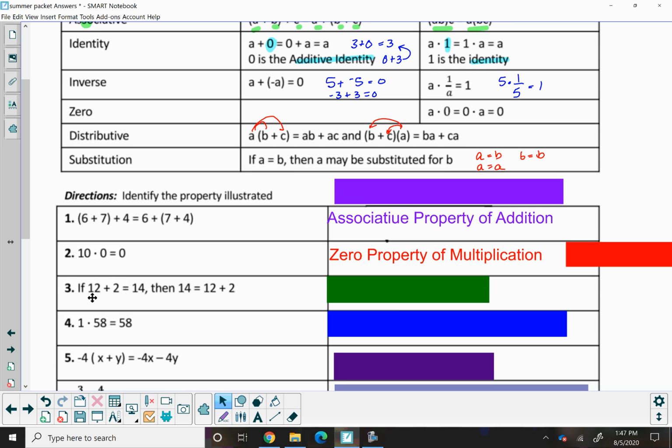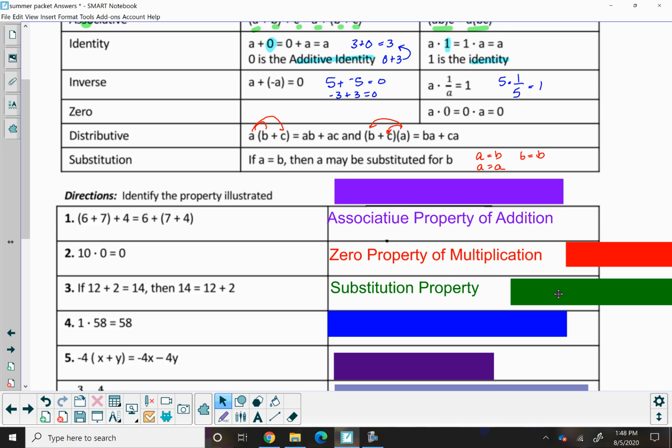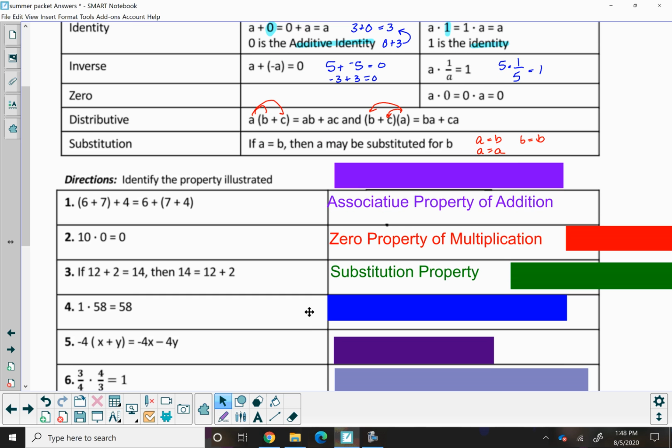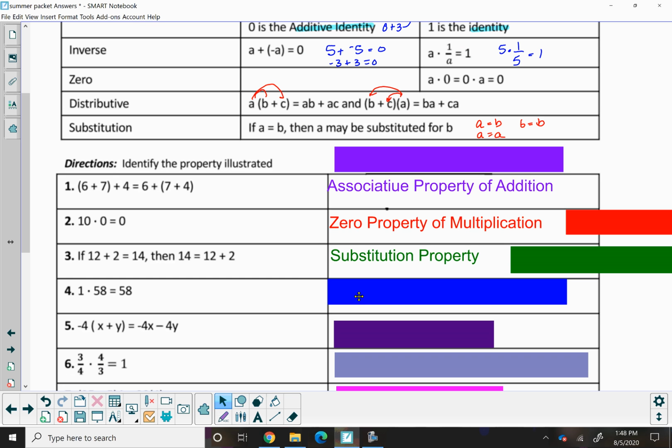Okay, the next one, if 12 plus 4 equals 14, then 14 equals 12 plus 2. That is substitution, because you're just substituting the 12 plus 2 for 14.